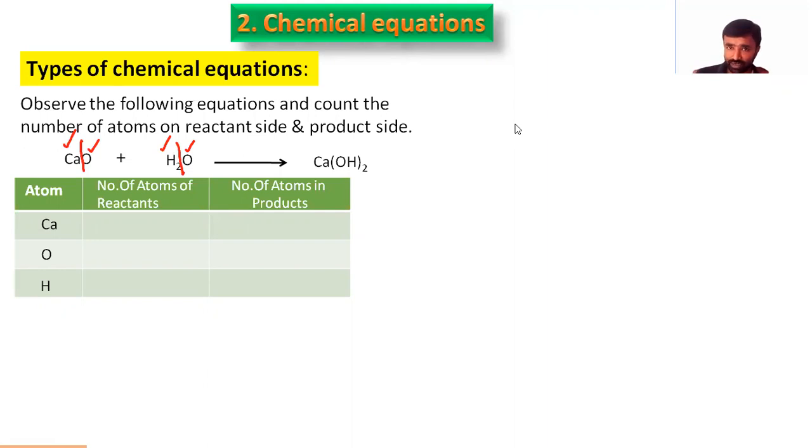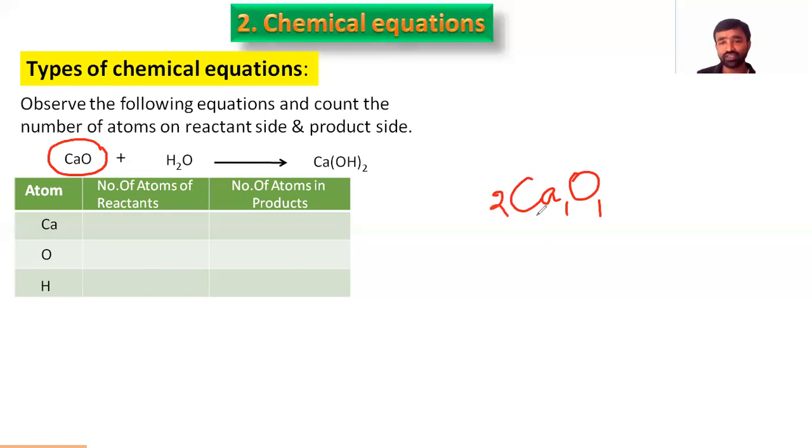Here, look at the formula, calcium oxide. In this, are there any numbers? No number. There is no subscript and no coefficient. If nothing is there, we take it as 1 for the coefficient and for the subscript. So the count of calcium is 1 here in calcium oxide. Is it repeated anywhere on the reactant side?